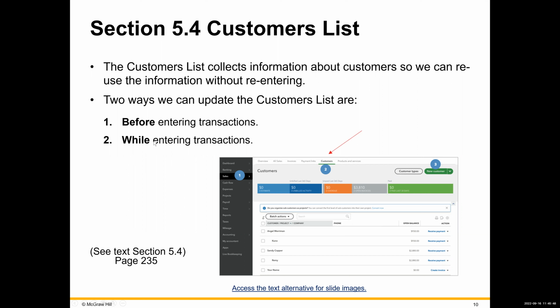Well, while you're in the invoice form, you can add your customer. Okay. So here, to get to the customer list, we go to the dashboard, sales, go to the customer tab, and this is it. So let's say if you wanted to add a customer, you would just go new customer. That's all you would do.